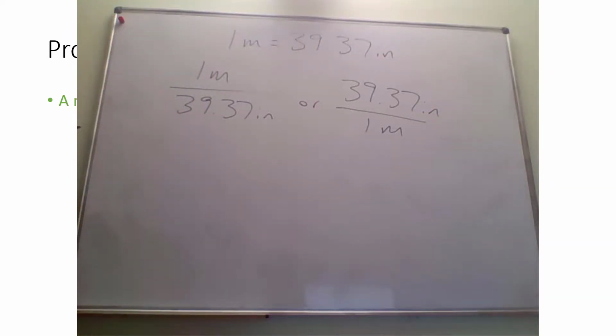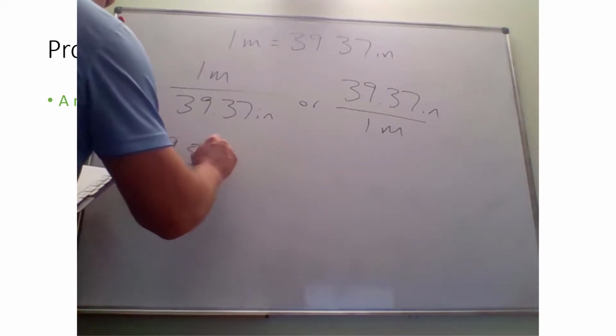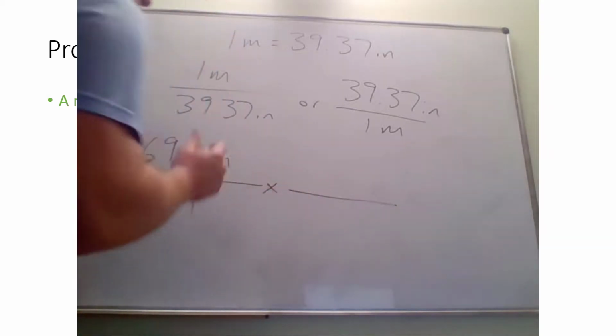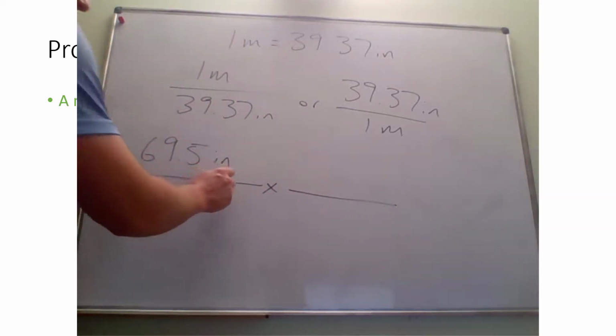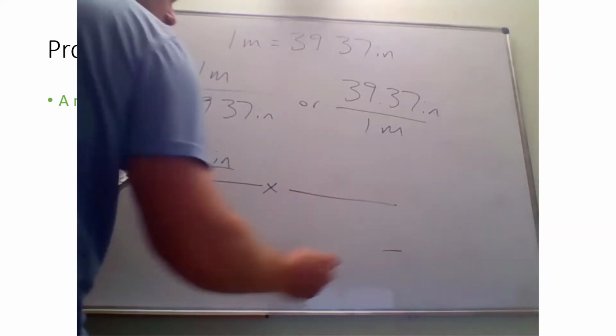Now we can use this conversion factor in order to convert one unit into another. We always start with our measured value over 1: 69.5 inches, measured value over 1. To convert from one unit to another, you have to have the same unit present in the numerator and the denominator.